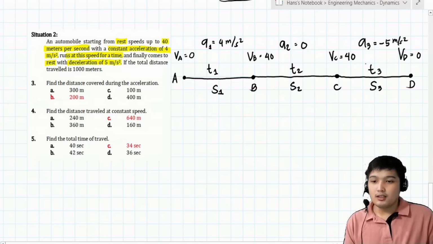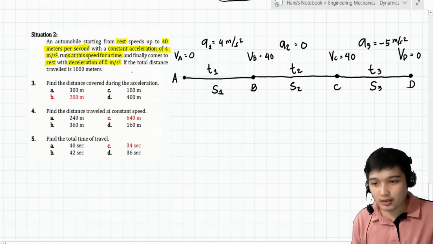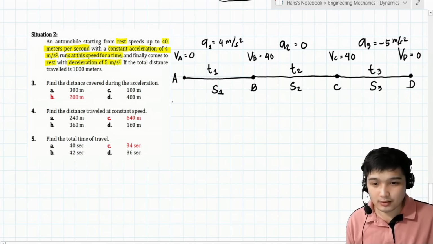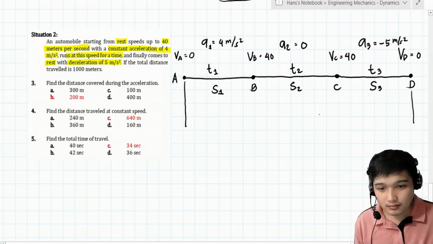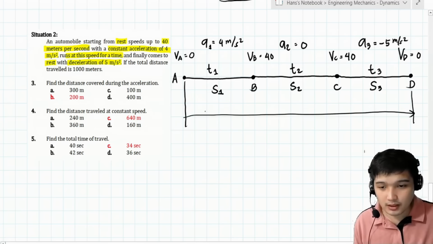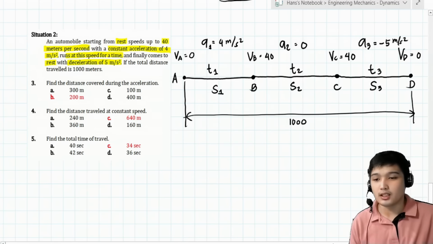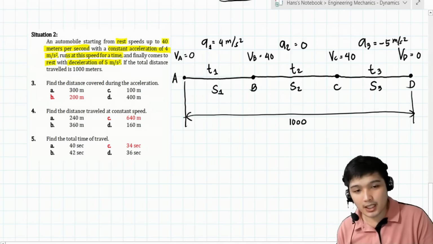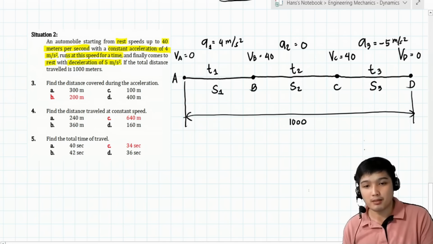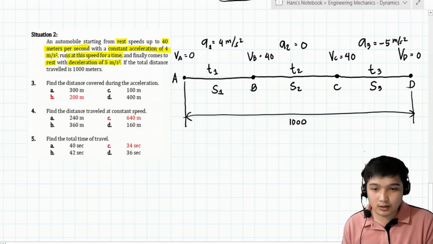Okay? So the problem says the total distance traveled, that is the distance from A to D, is 1,000. Those are what is being asked. That is the graphical representation of the problem so we can understand it better. To solve this, class, we will solve it segment by segment.